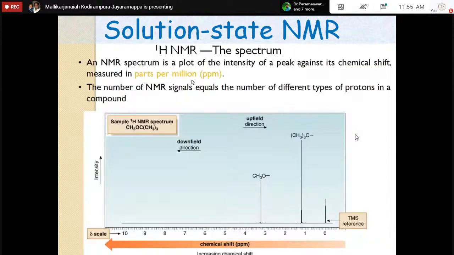In solution state NMR, people always talk about chemical shift. Whenever we record the free induction decay signal I showed in the previous slides and do a Fourier transform, that gives rise to peaks like this, absorption peaks. We get independent peaks corresponding to the groups present within a given complex molecule.